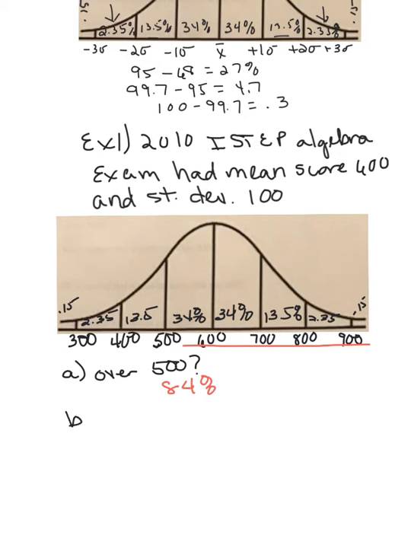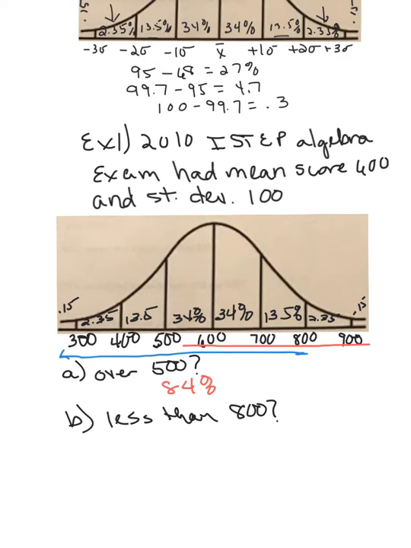For question B, you are asked what percent had a score less than 800. So look for the 800. It's the second bar to the right, and less than means we want all the stuff to the left of that.